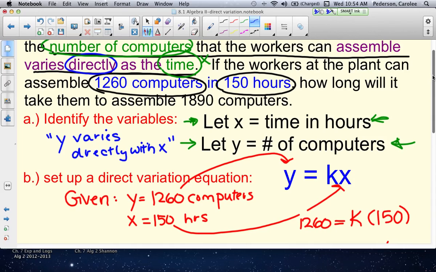So the last piece of this question says, how long, so that's our unknown, will it take for them to assemble 1,890 computers? Well, that's our y. So our last step is we're going to find it. In this case, we substitute y in.